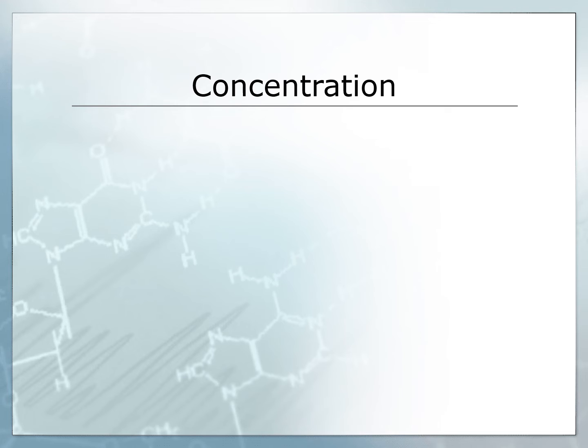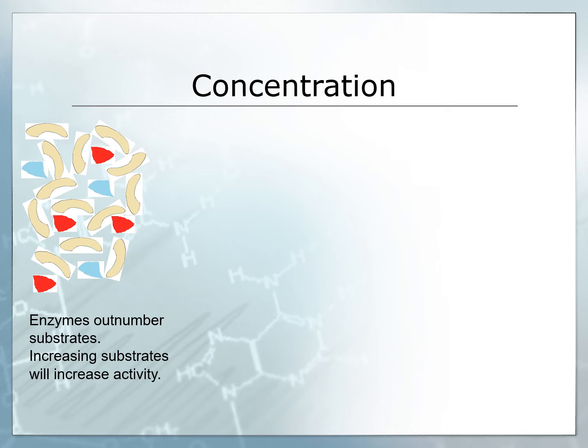The concentration of enzymes and substrates makes a difference in the speed of the overall reaction. When enzymes outnumber substrates, increasing substrates will increase activity since the enzymes will have an easier time locating reactants to work on.